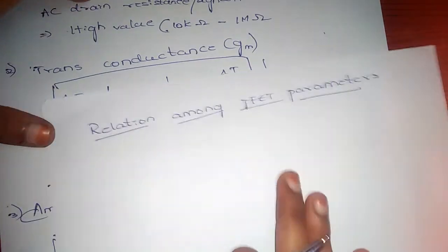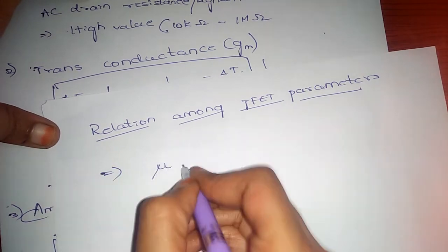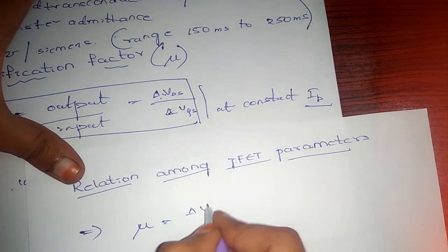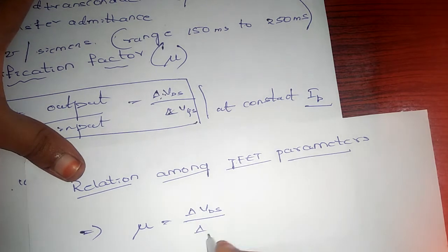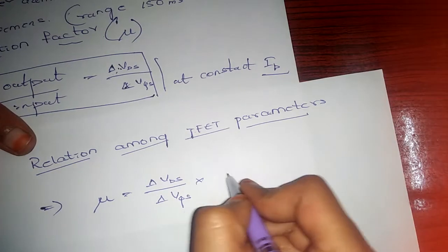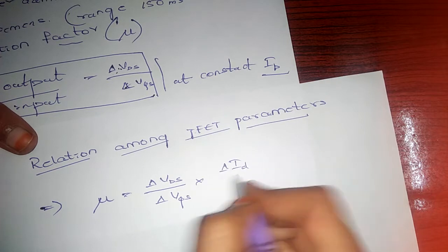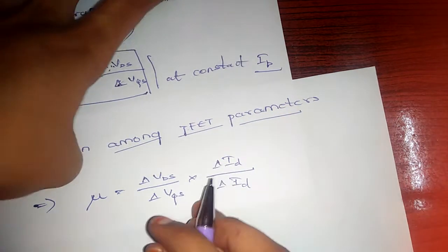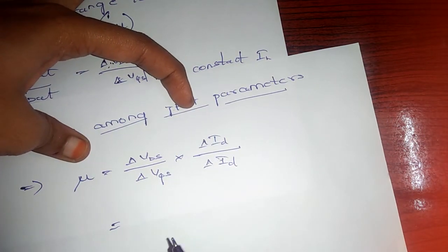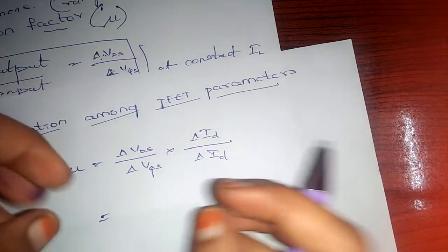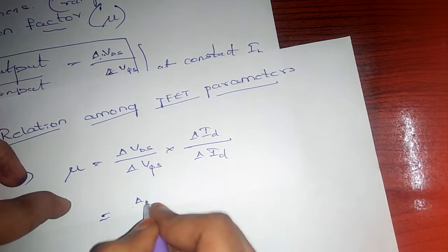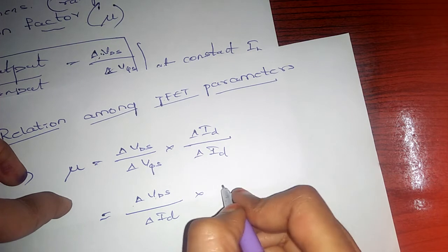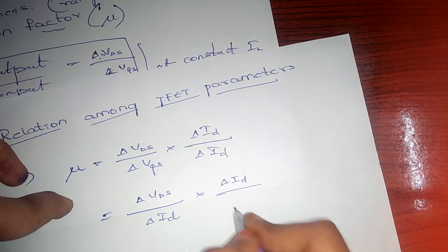So take the amplification factor, change of VDS by VGS, and multiply it with the drain current ID. ID by ID is 1, and something into 1 is something only. So I just simplified this equation as delta VDS by delta ID into delta ID by delta VGS.